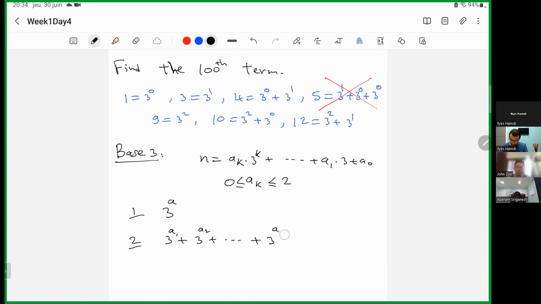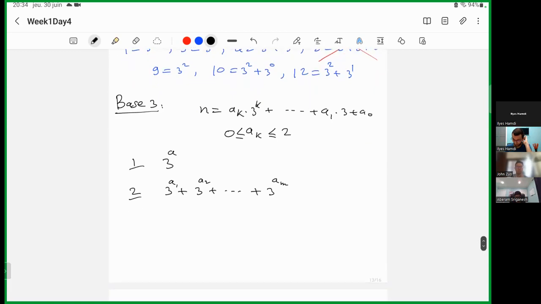So those are the two types of numbers I include in my sequence. And my question to you is, what special thing do those numbers have in base 3?